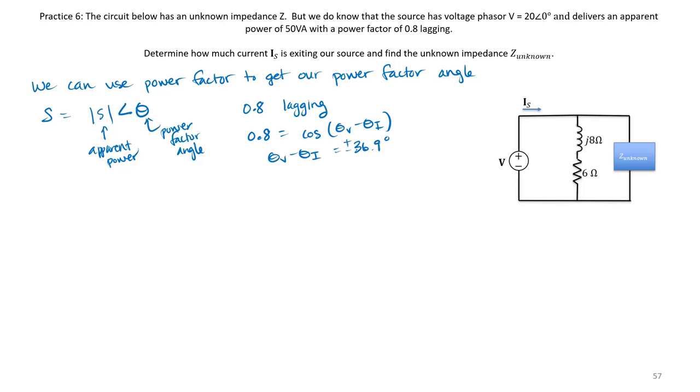And since we are lagging, remember that also gives us a hint as to our behavior. If we let theta v equal 0 degrees, we know, if we're lagging, that theta v minus theta I must be greater than 0. That gives us theta I is equal to negative 36.9 degrees.